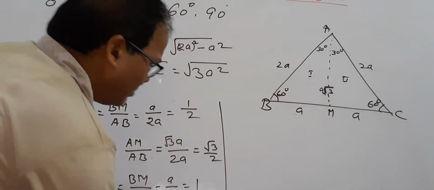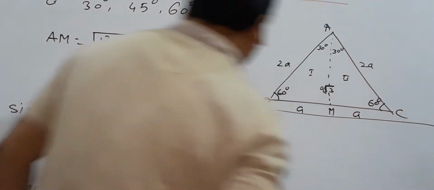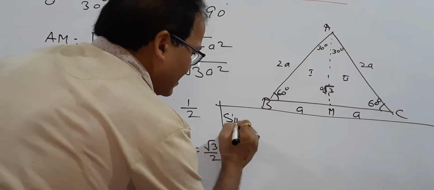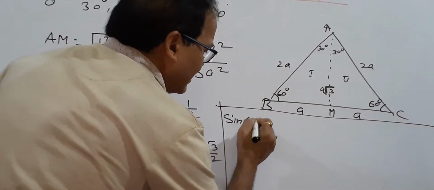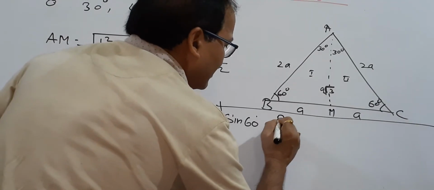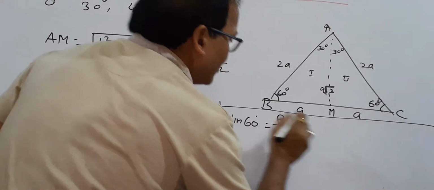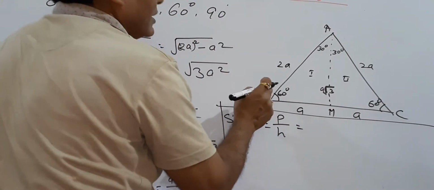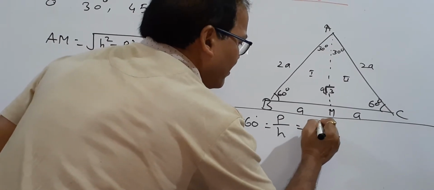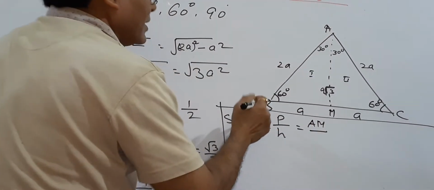Next, if we think about 60 degree, sine 60 degree. For 60 degree, sine we are writing as P by H. So for this angle, which one is P? Perpendicular, AM. So AM divided by hypotenuse, which is AB.